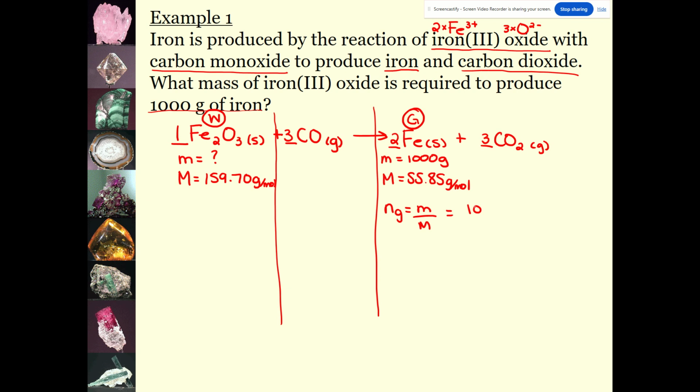So the mass was 1,000 grams. The molar mass is 55.85 grams per mole. Now, in other videos I've explained this before. When you have the denominator in the denominator of this bigger fraction, that actually makes the mole go up there, just for unit analysis purposes.